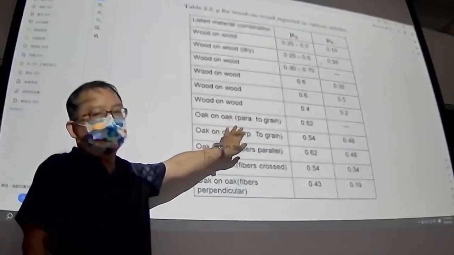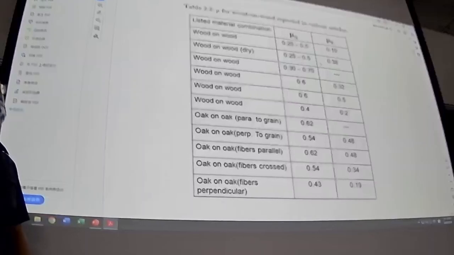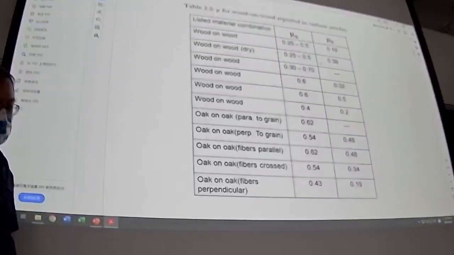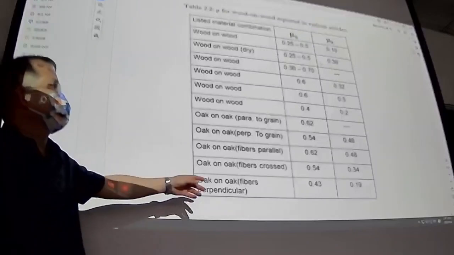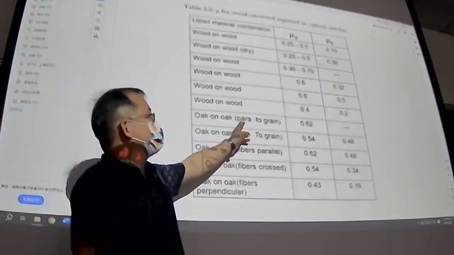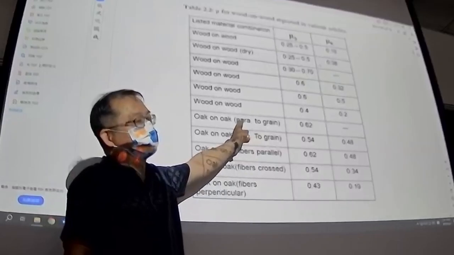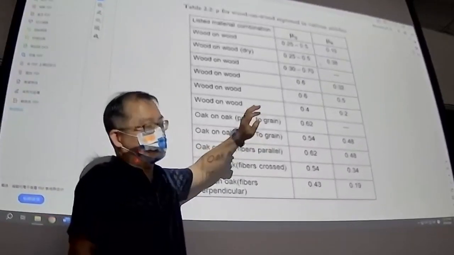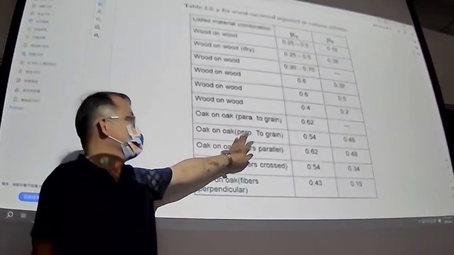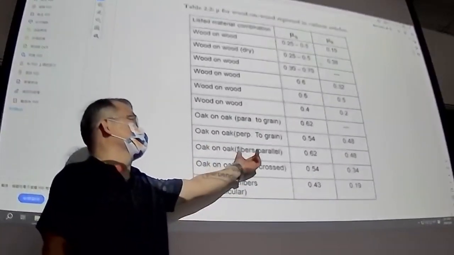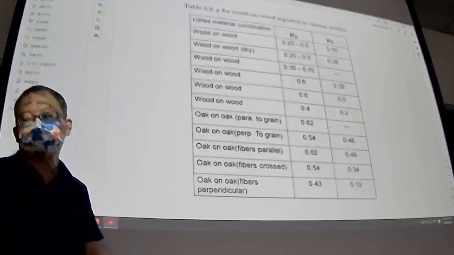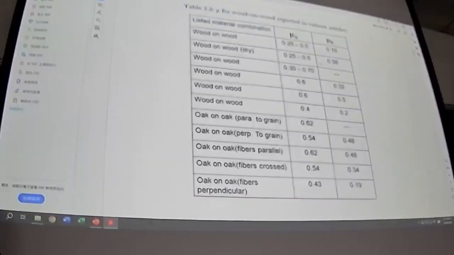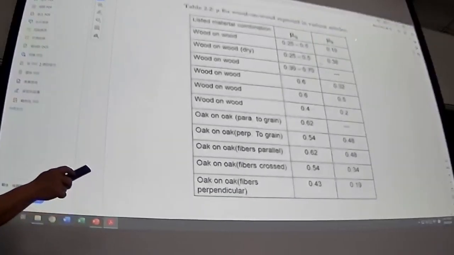We have a different structure for the grain size. The wood grain has different textures. If the direction is perpendicular, or parallel to the grain of the wood, or layered parallel, or layered crossed, it will have a different coefficient of friction. You can also look at the kinetic coefficient of friction.